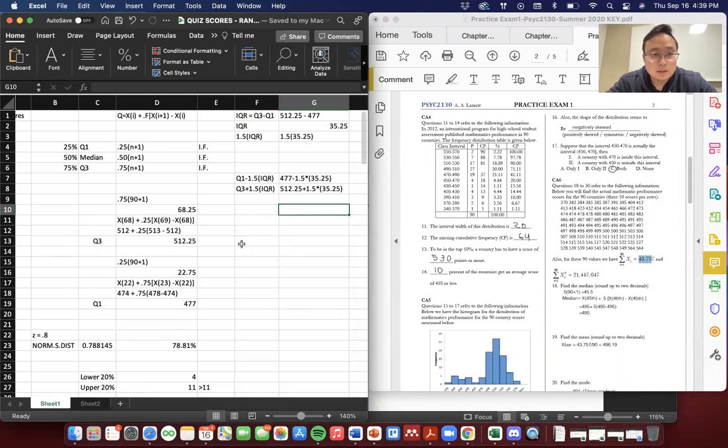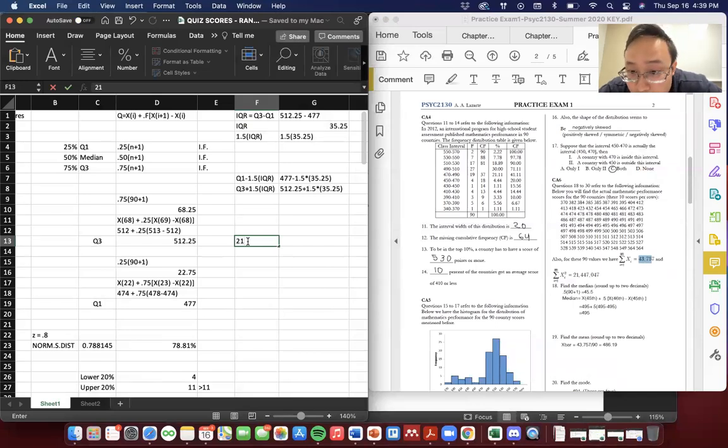So let's do it here. Equals 21447047, right. Oh, they don't like commas in Excel.